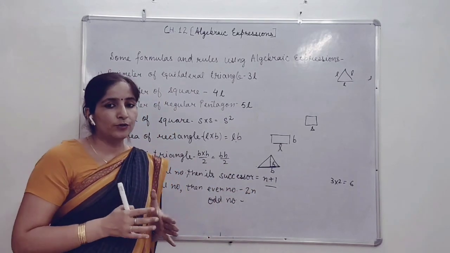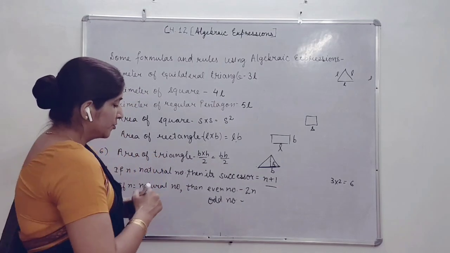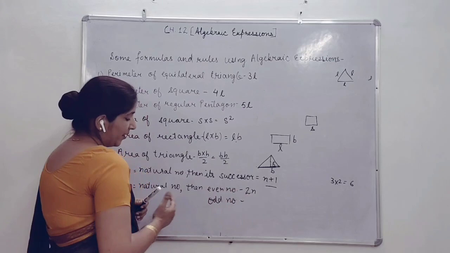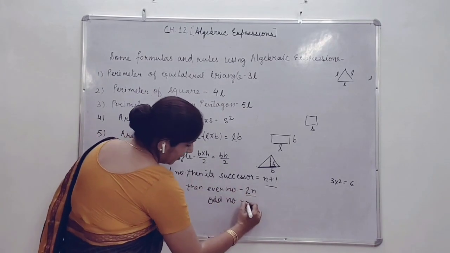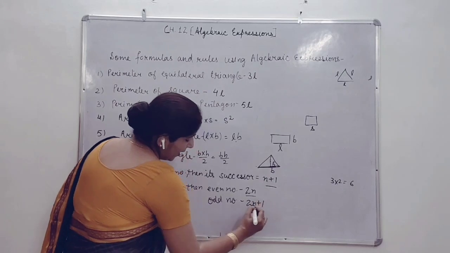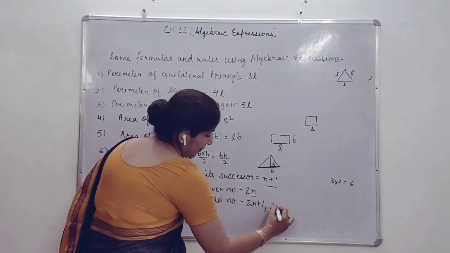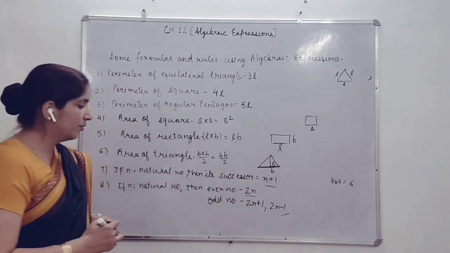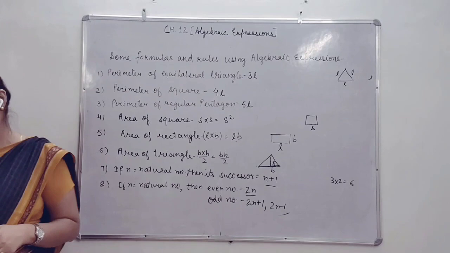And you know that after an even number always comes an odd number. So in this algebraic form, if we want to write the odd number, how can we write this? If this is even, so we can add 1. Even we can subtract 1. So that will also be right, 2n minus 1. Okay, so in this manner you can write these rules.